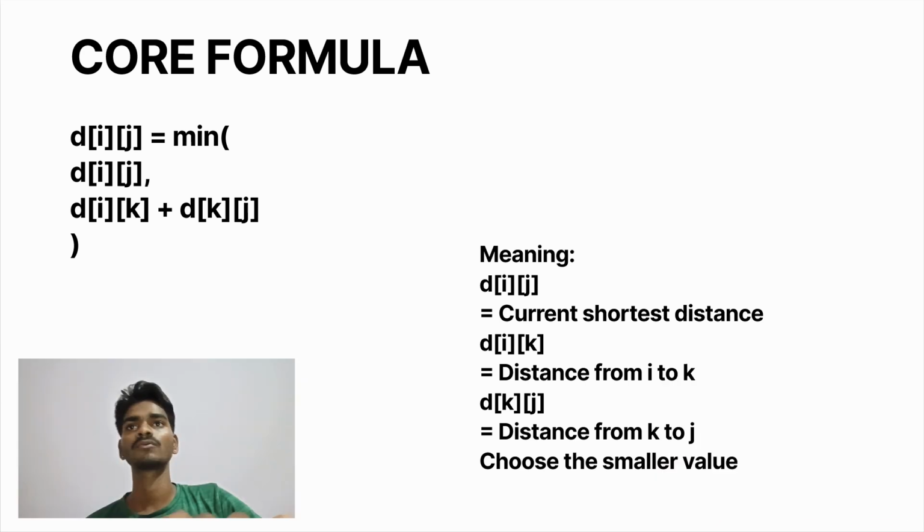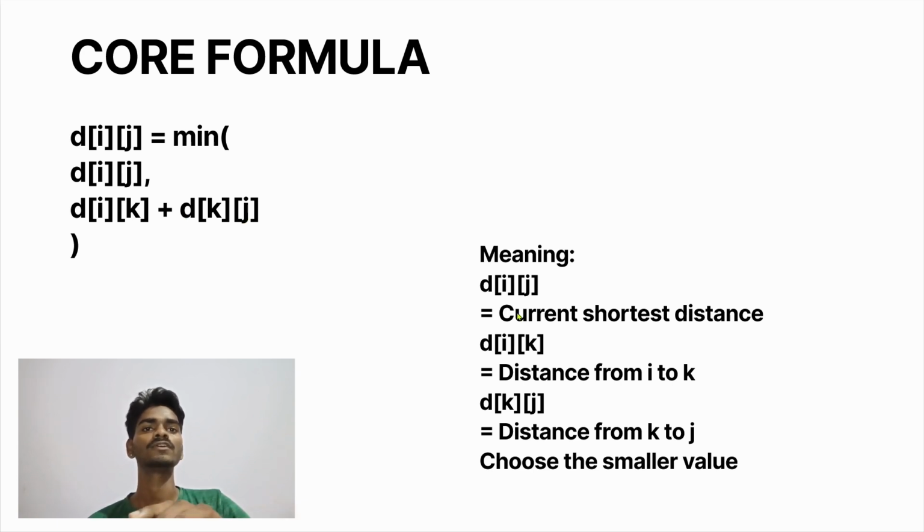Next we will see the core formula, that is d of ij is equal to the minimum of d of ij comma d of ik plus d of kj. Here d of ij is the current shortest distance, d of ik is the distance from i to k, and d of kj is the distance from k to j.